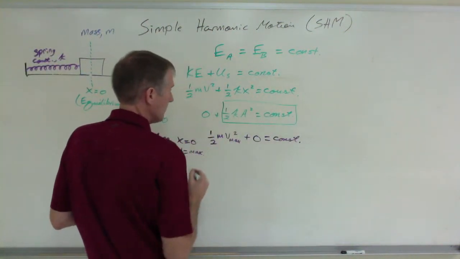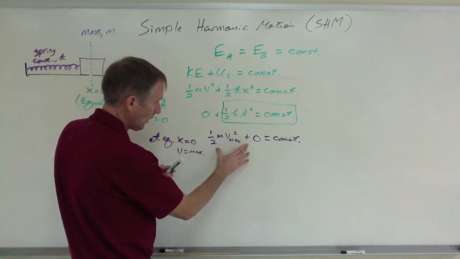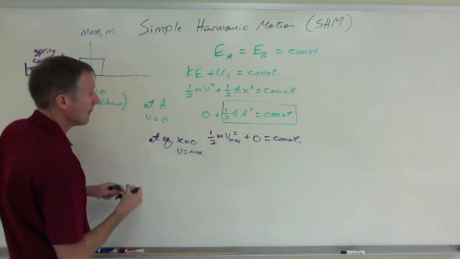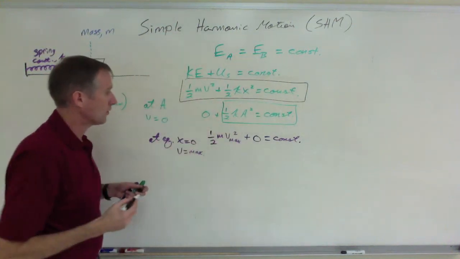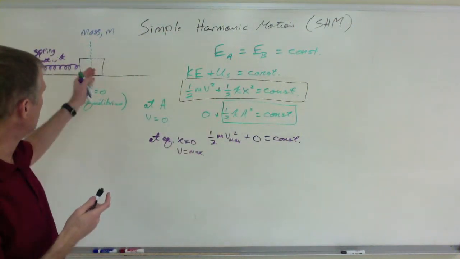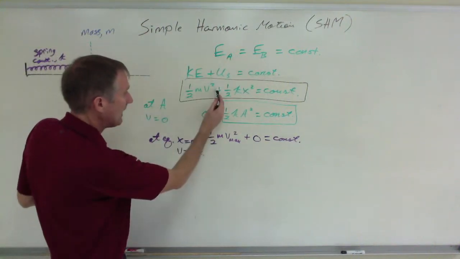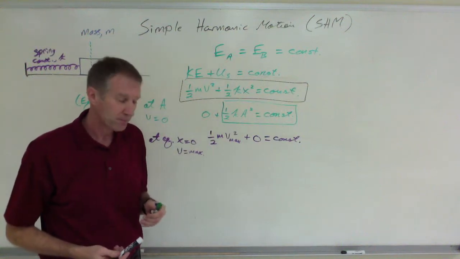So you have that equation there when it's at amplitude. You have this equation when it's through equilibrium. And then you have this equation at any other time, all right, at any other point other than equilibrium. And remember, they all equal each other. So that equals that at amplitude equals that at equilibrium.